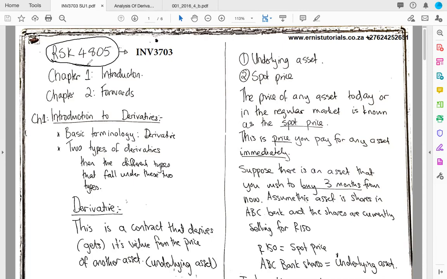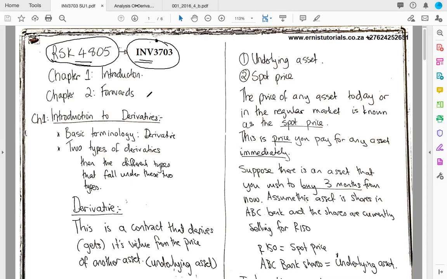But the curriculum for RSK 4805 has recently changed. They no longer use the same textbook that we'll be using. But previously, when I prepared these notes, these two modules, INV3703 and RSK 4805, used to go hand in hand. They overlapped for the first chapters, and then RSK 4805 continued going forward.